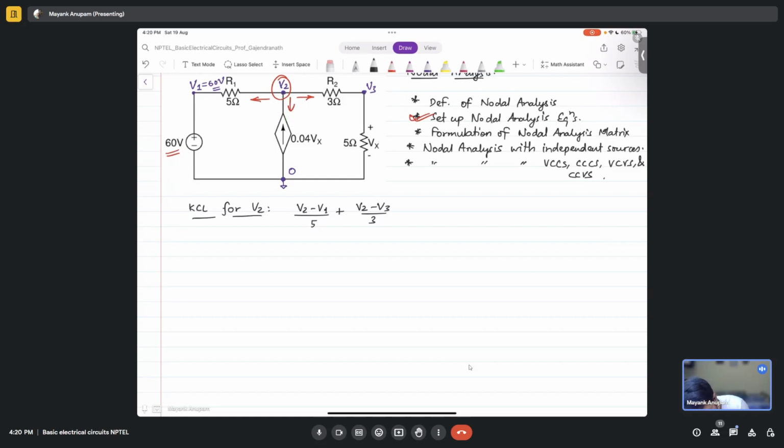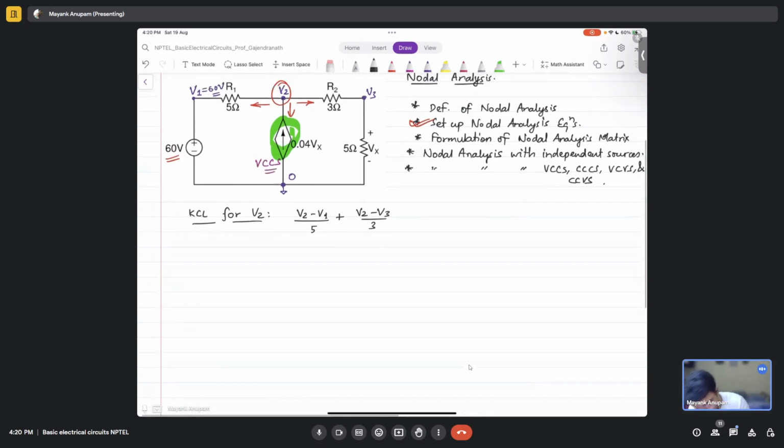Okay, so this is again a case of voltage. It's the voltage controlled current source, VCCS. While writing the KCL equation, we do not need to do anything special, but this current direction is opposite to the direction which we have assumed to be positive.